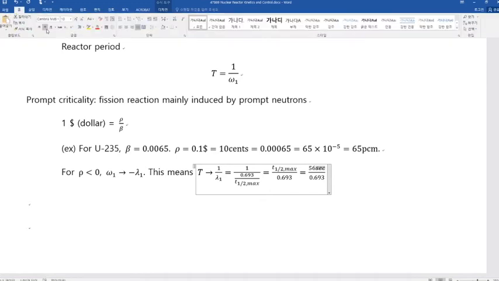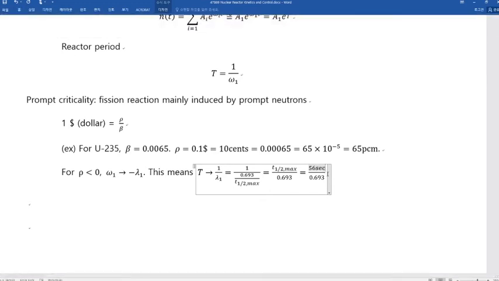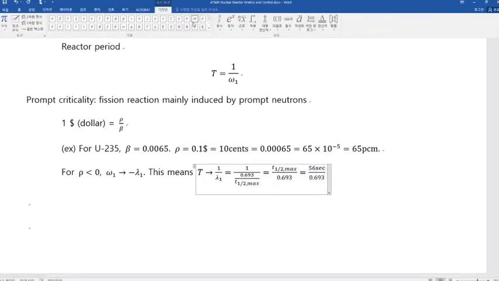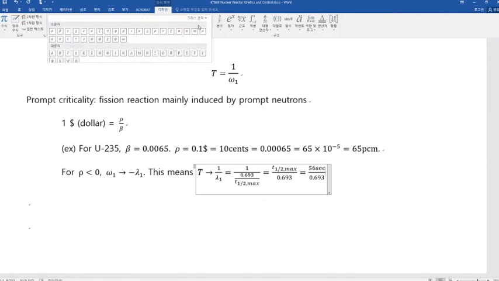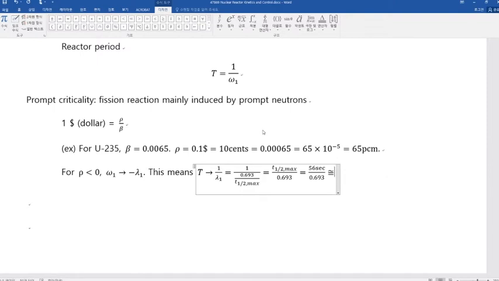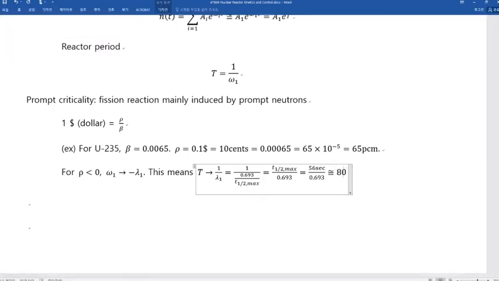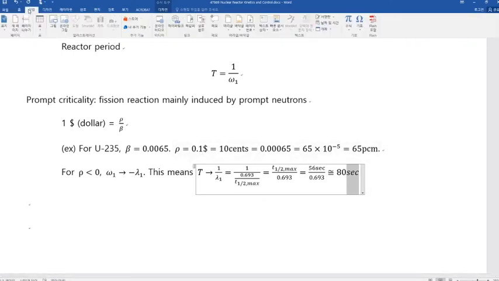You may confirm this in table 5.1. The biggest half-life in the table is 56 seconds. So this would be approximately 80 seconds.